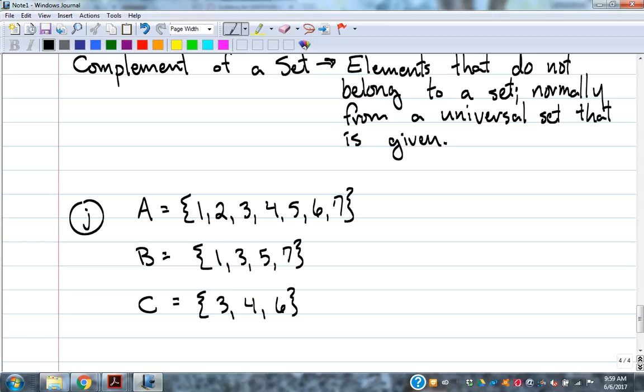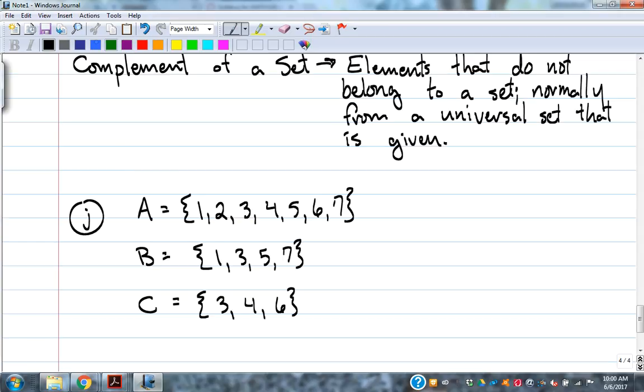So if you're given 3, most of the time they're going to tell you which one's the universal set. There's a few times that they don't. And what you've just got to know is a universal set is much bigger than everything else. So the biggest set that we have there is set A, and it's larger. So that's the universal set.